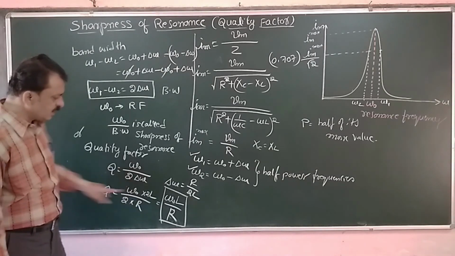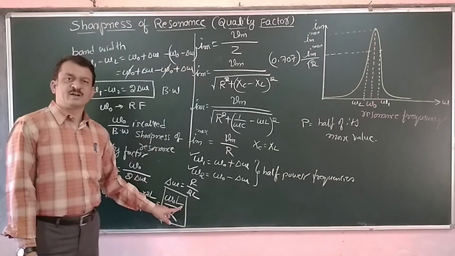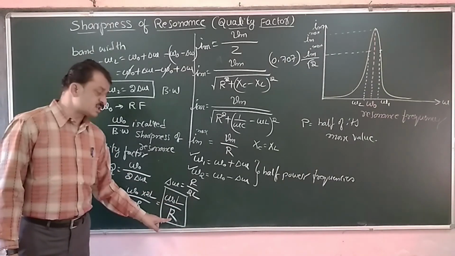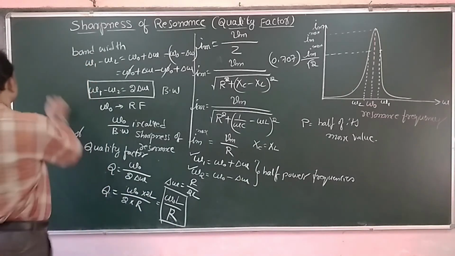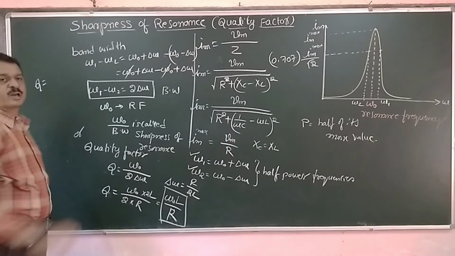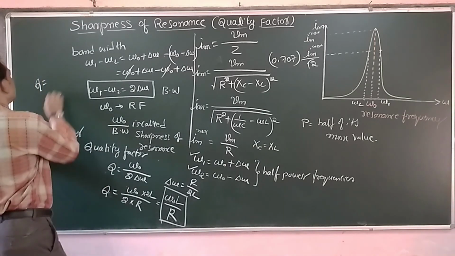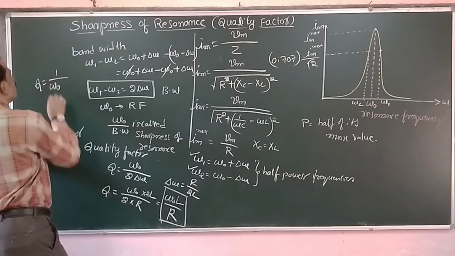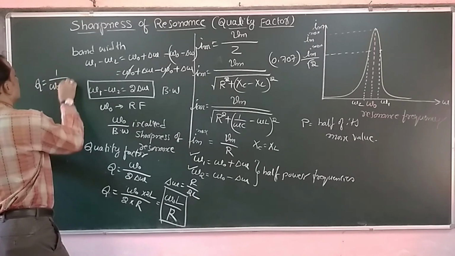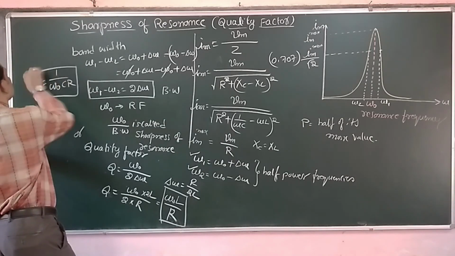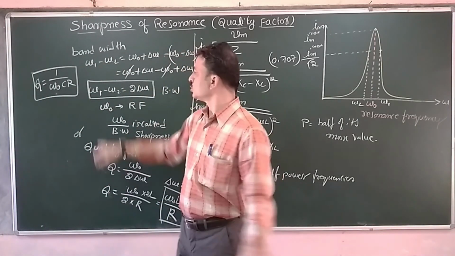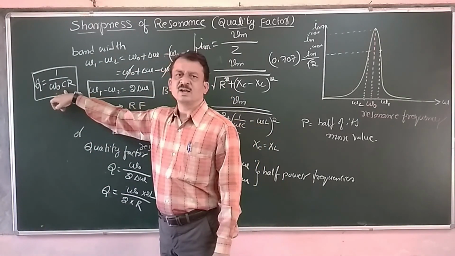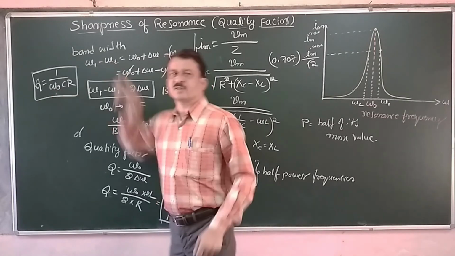So the quality factor directly depends on the inductance value, but inversely depends on the resistance value. It can also be shown that in terms of the capacitor and the resistor, the quality factor is given by 1 upon omega naught C R. In this case, the quality factor is inversely proportional to the capacitor as well as the resistor.